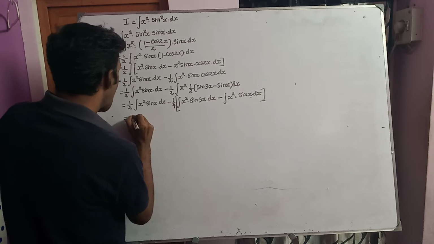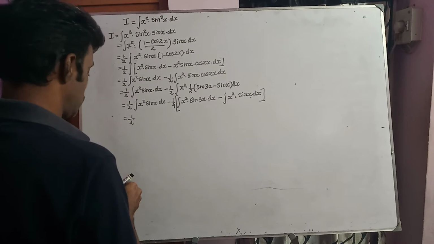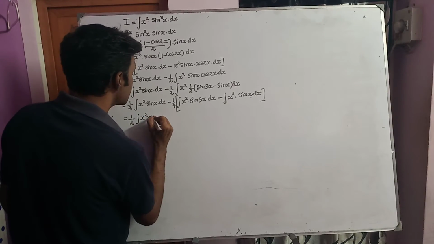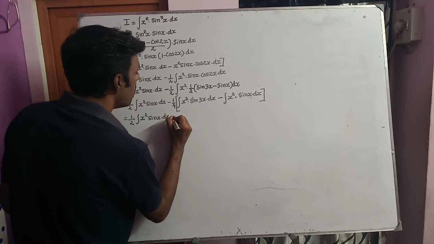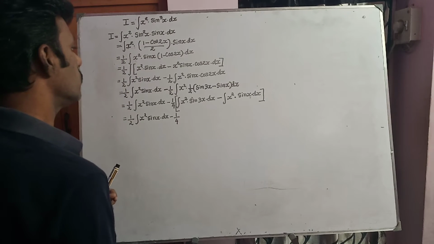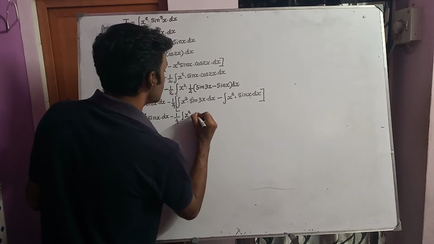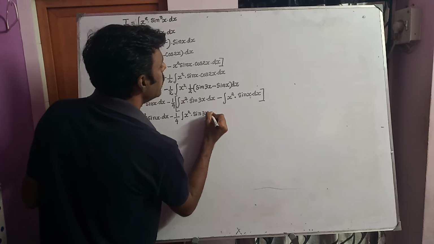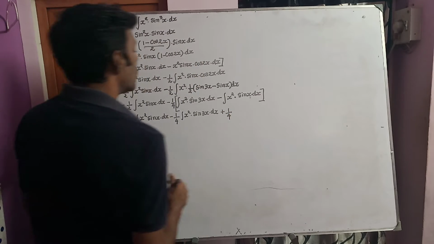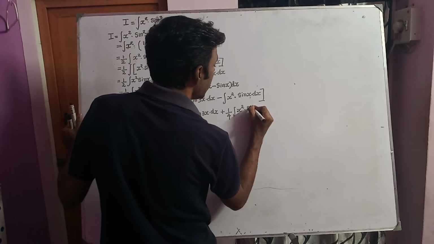it will be again half into integral x squared into sine x into dx minus 1 by 4 into integral x squared into sine 3x into dx, minus into minus plus 1 by 4 into integral of x squared into sine x into dx.